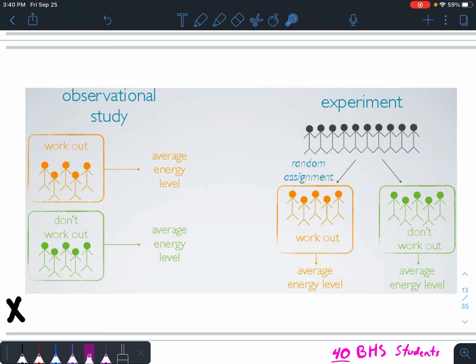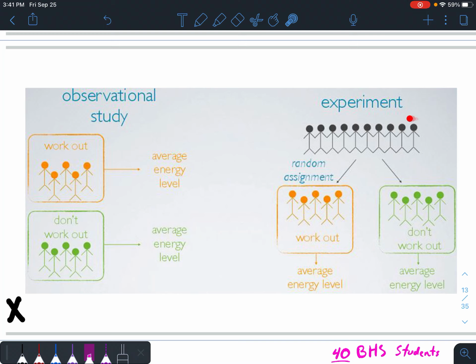These are people that work out. We are simply observing their average energy level. And then we also have a group of individuals that don't work out, and we're observing their energy level. Once again, we are not manipulating the situation. We're simply observing. So we're not saying, hey, work out, or hey, don't work out. We are simply observing the average energy level of people that do work out or don't work out.